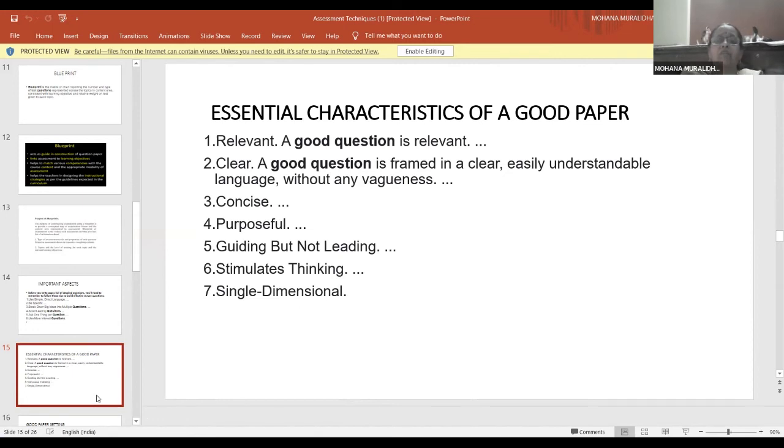Anyways, so what are the essential characteristics of a good paper? A good question is relevant. It should be framed clearly, easily understandable, without any vagueness. If we introduce some tough word into it, poor kids. So it should be very clear. It should be concise. It should be purposeful. Children are children.